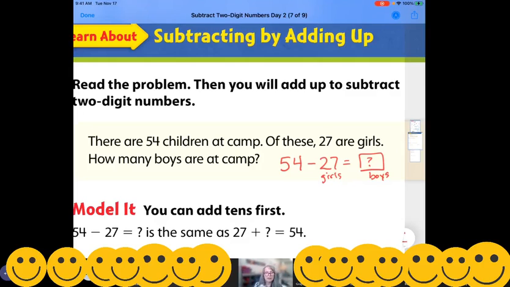Fact families tell me I can flip things around with this problem. So I can go 27 plus question mark. Remember, those are going to be our hops on our number line, equals 54. And like Cadence had asked, why did you keep circling that 9?